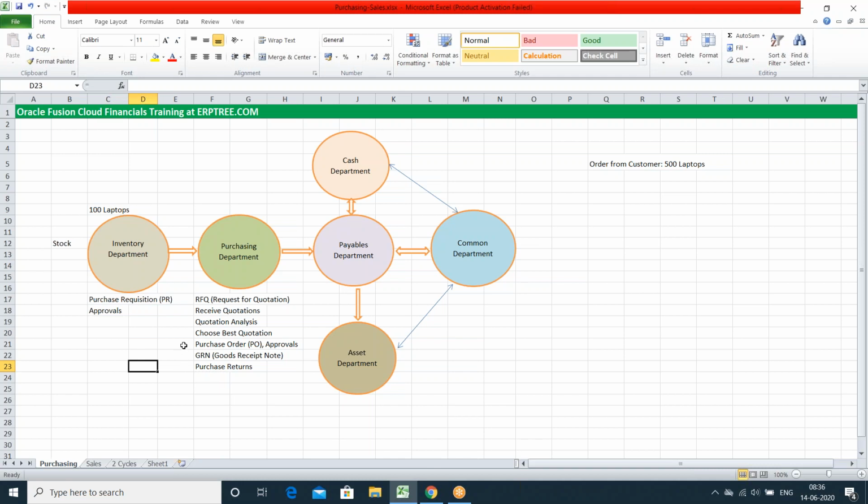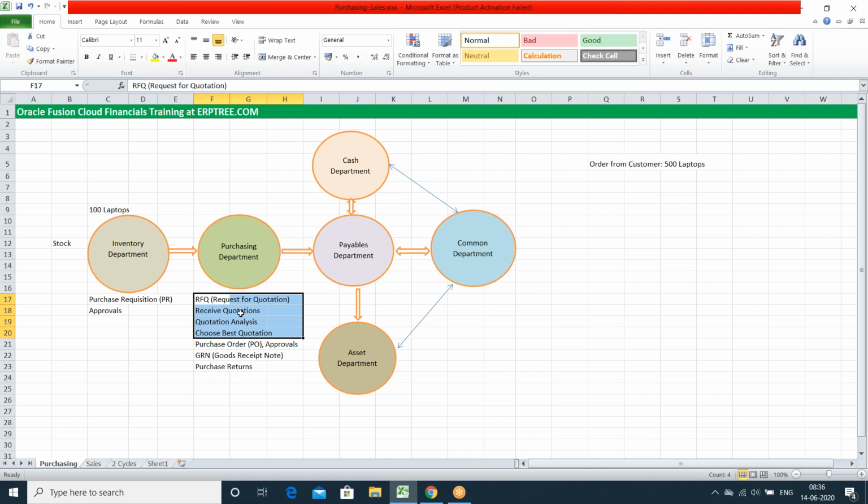Now, if the organization is very big, they can have a separate department to do all these activities. The activities of requesting quotations, receiving the quotations, performing the quotation analysis and choosing the best quotation can all be done by a sourcing department.